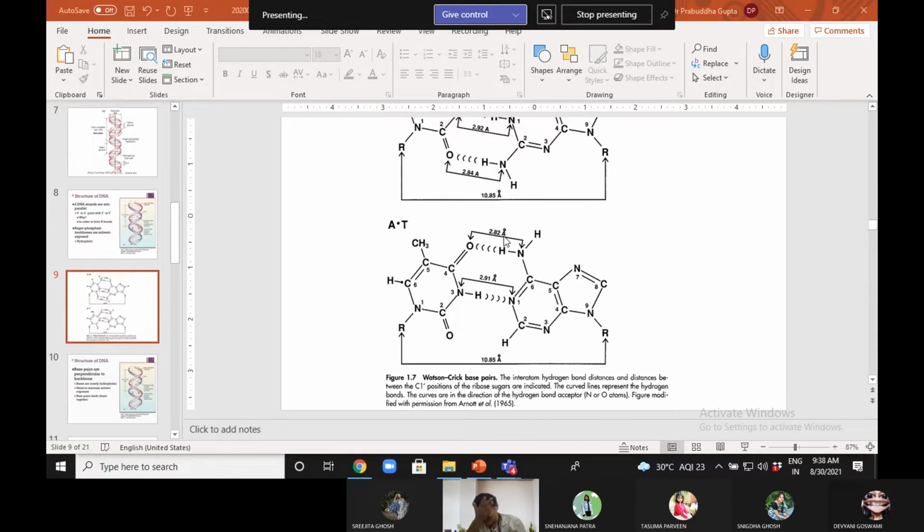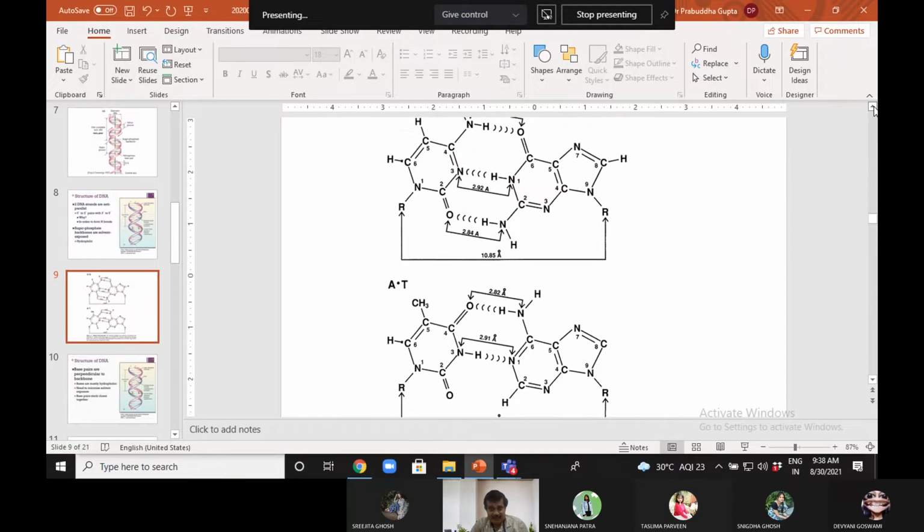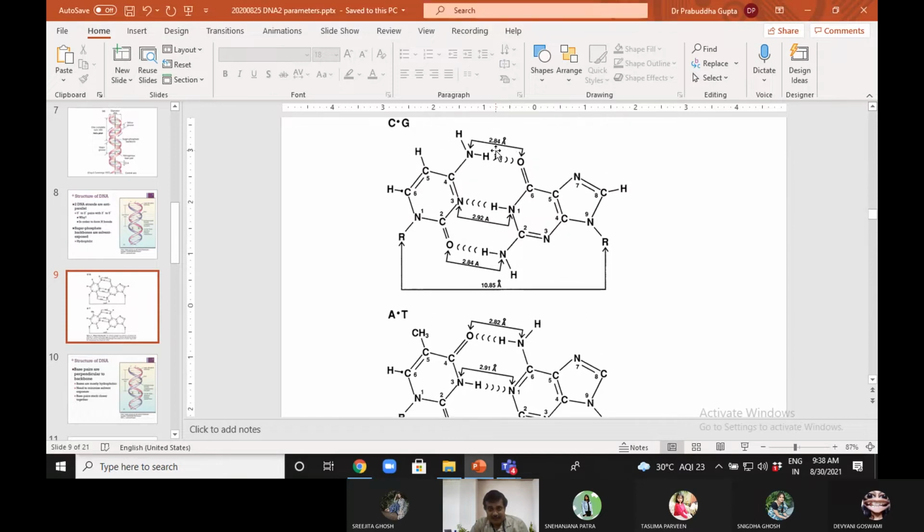If you remember our previous class, we said the covalent bond distance is 1 angstrom, and the distance between hydrogen and the hydrogen bond acceptor is 1.8 angstrom. You see how nicely that fits. All these are in the range of 2.8, 2.9 angstrom. So perfect hydrogen bonds, and all of them are straight lines. Got my point? So we go to the next slide.